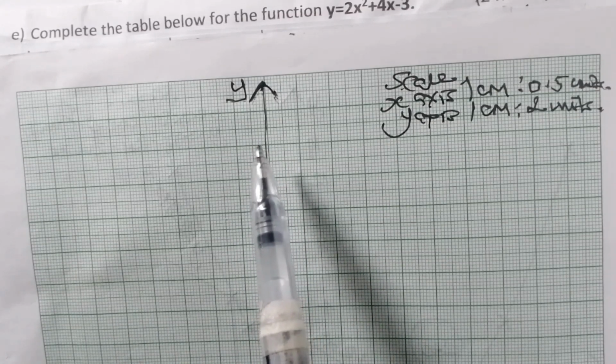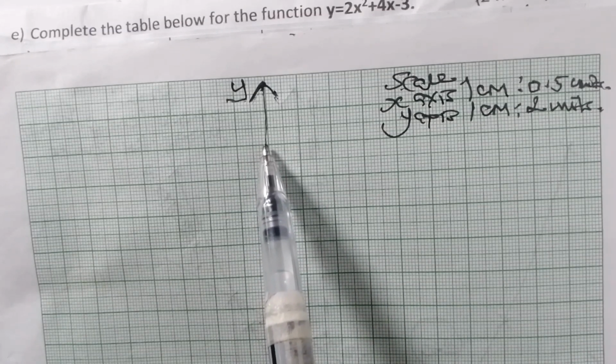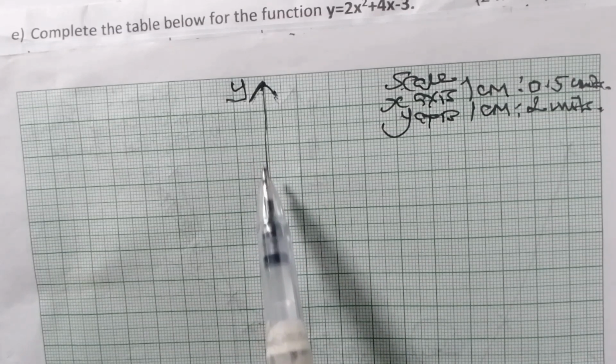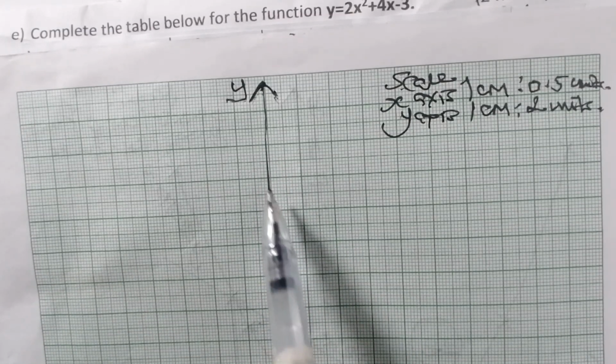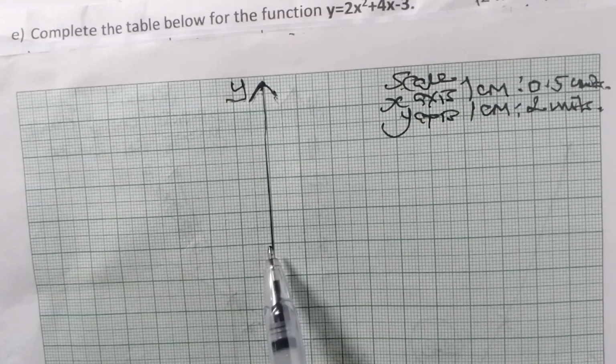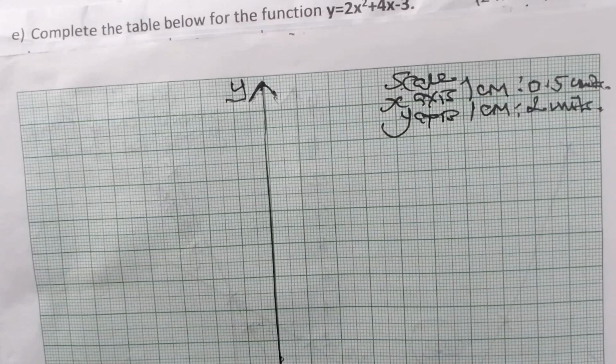We say it's going to be 13, so we can start at 14, dropping towards the origin, 14, 12, 10, 8, 6, 4, 2, and then 0.